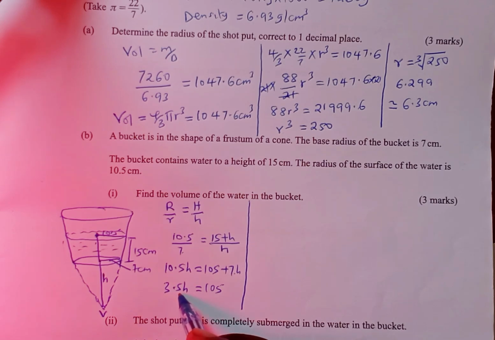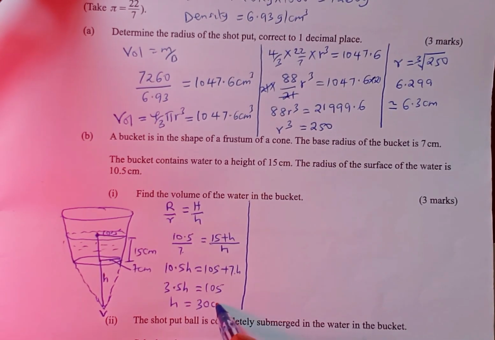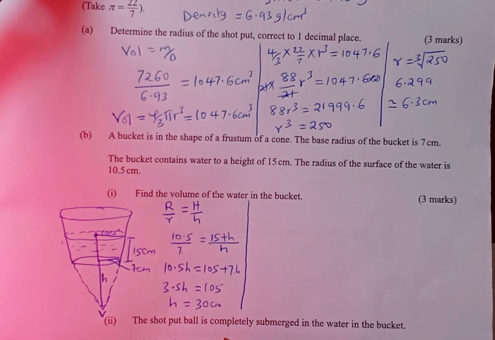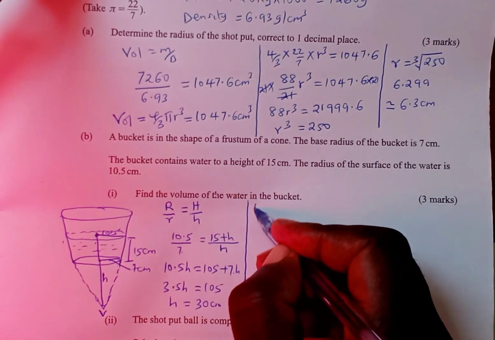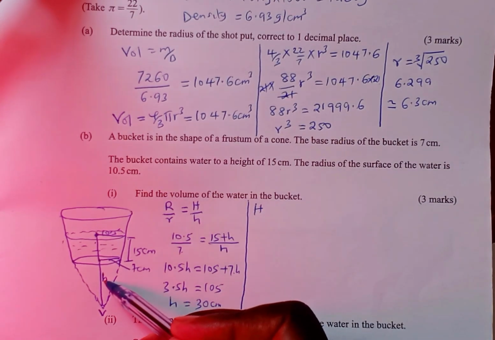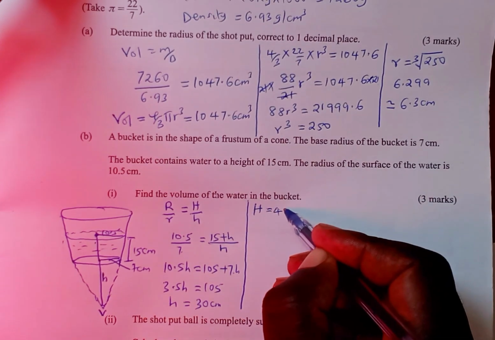Divide both sides by 3.5, h is going to give us 30 centimeters. Once we have the smaller h, we will be able to get the bigger H, and the bigger H is going to be the smaller h, which is 30, plus 15, giving us 45.